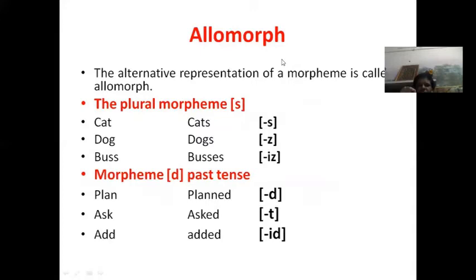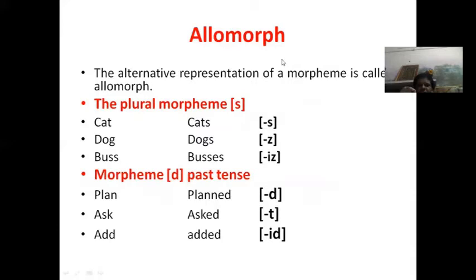For example, if you look at the word bags, or girls or boys, it has the z sound.